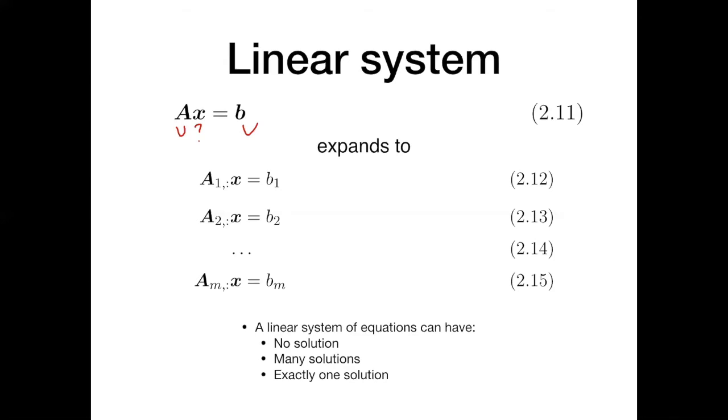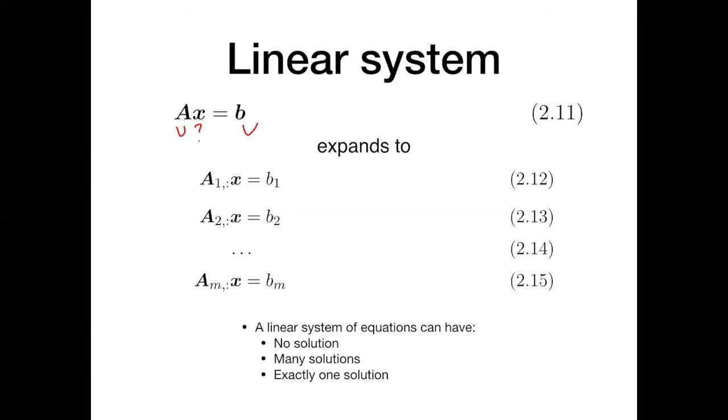The linear system is a very core problem in linear algebra, and many concepts and theories are centered around it. To solve this problem, we will have three conditions. The first is there is no solution. The second is that there are many solutions, and the last is that there is exactly one solution.